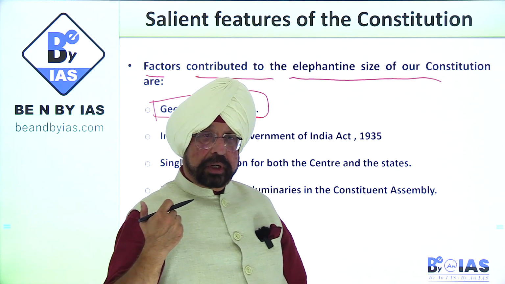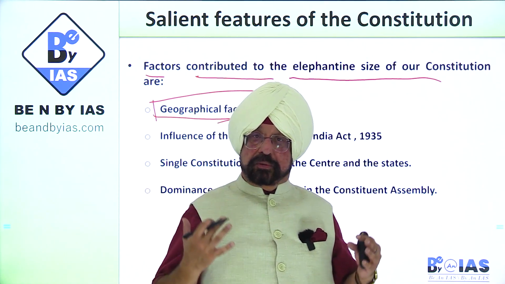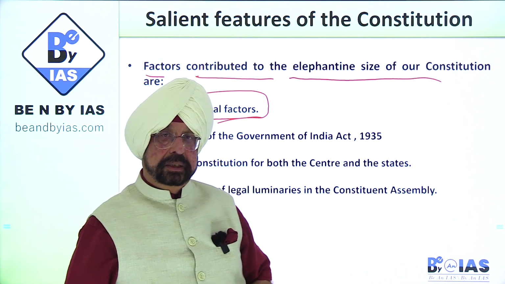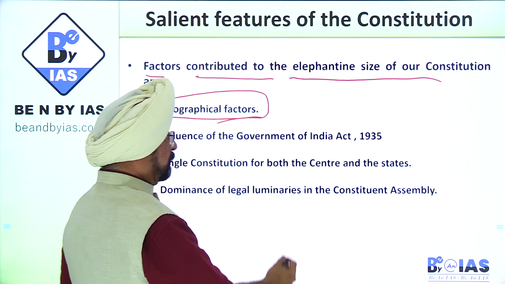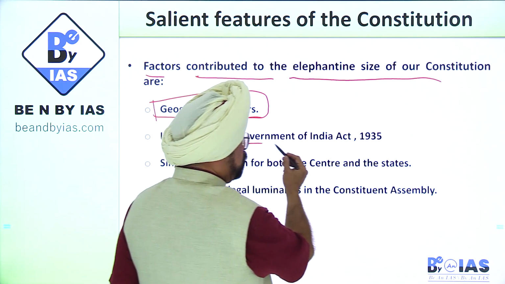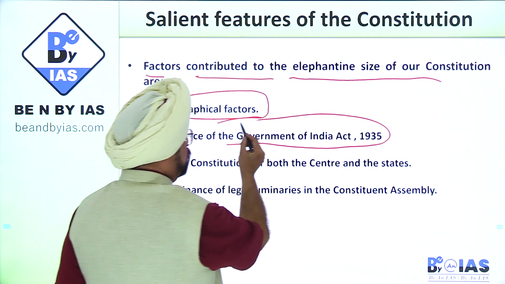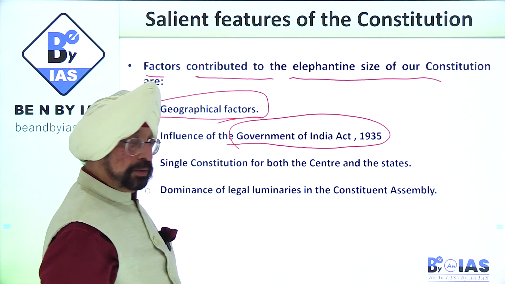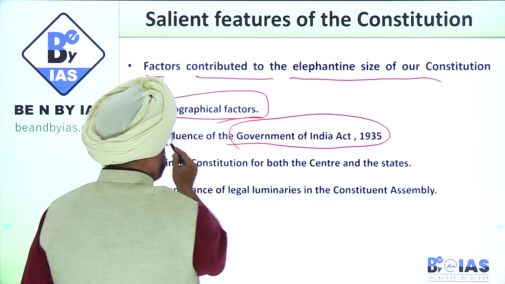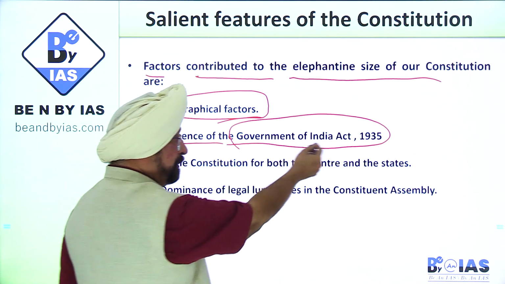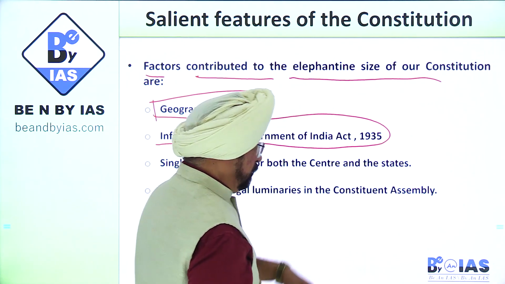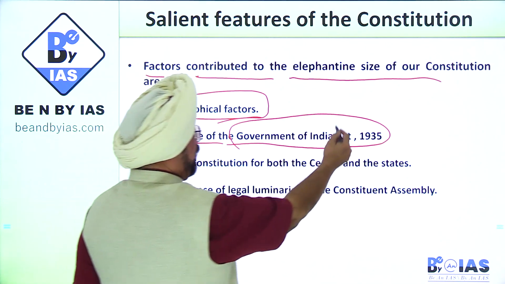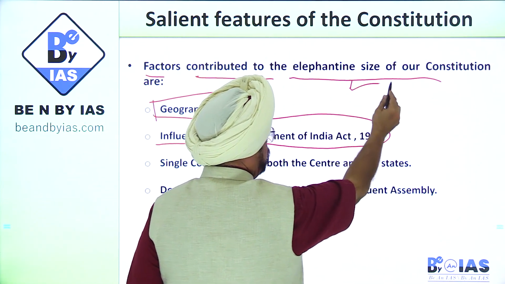A major influencing factor was the Government of India Act 1935. We call it a mini constitution also, but this was given to us by the Britishers. So this was the influence, because this itself was a huge document. It definitely added to the size.